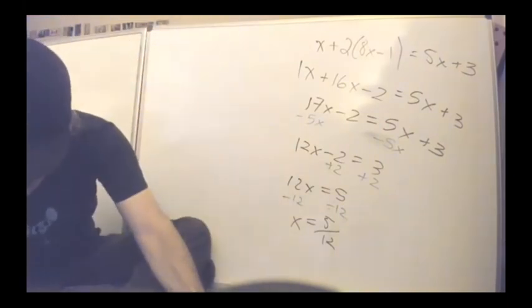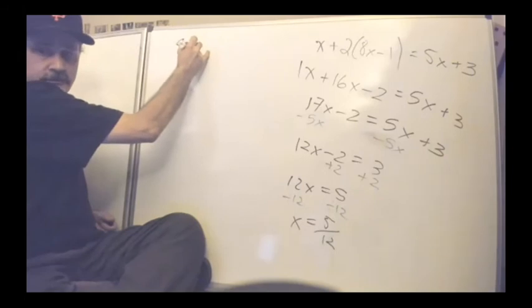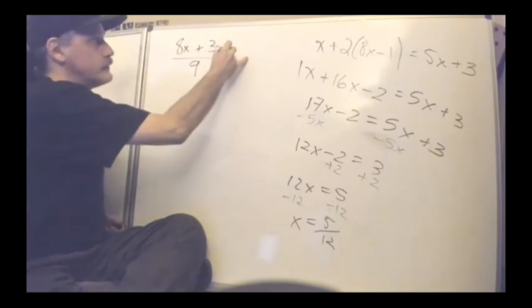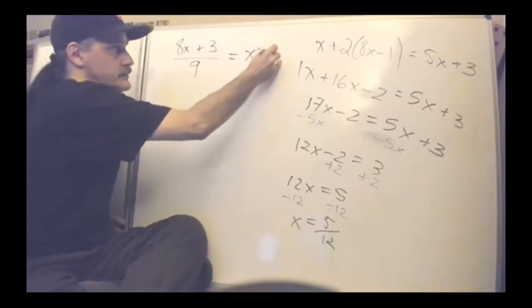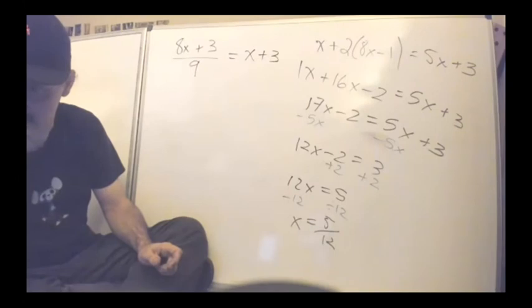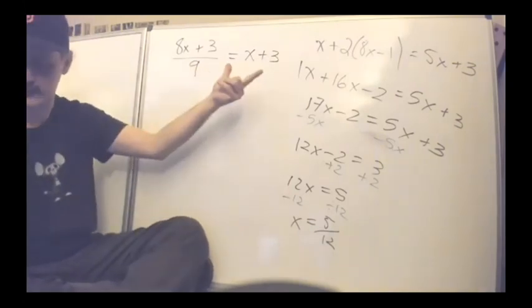Okay, so then that other problem, let me see if I can see it right here, would be 8x plus 3 over 9 equals x plus 3. So this is going to be similar to what we were doing when we had two fractions equal.